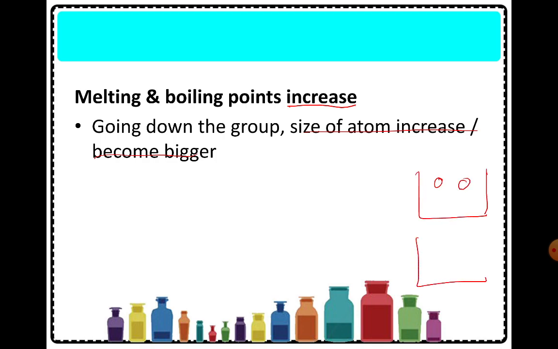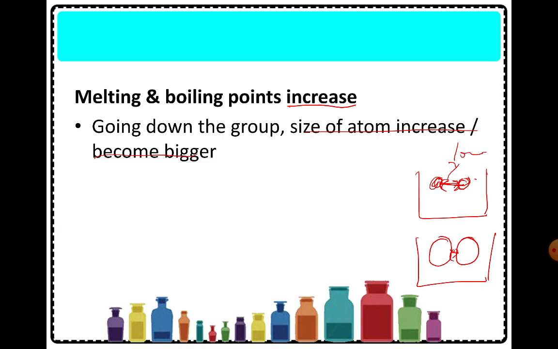Saiz kecil, so daya tarikan dia ni, the attraction between the molecules is lower lah, bila jarak dia jauh. Bila jarak dia jauh, so daya tarikan dia tu lemah. Tapi bila saiz dia besar, so jarak dia dah jadi makin dekat.